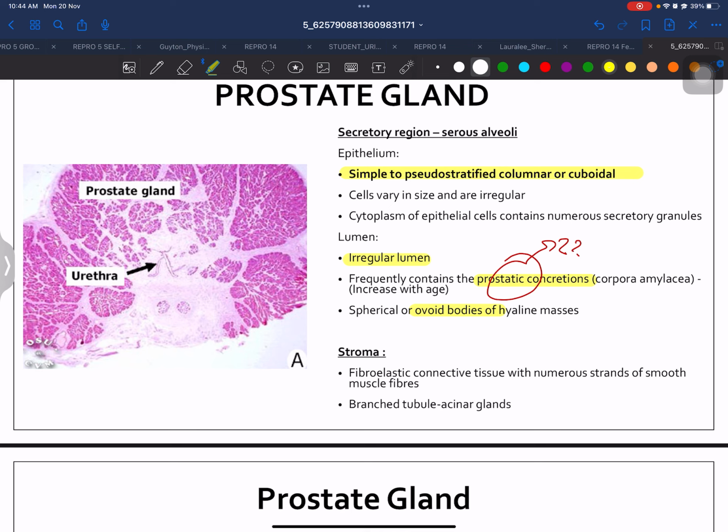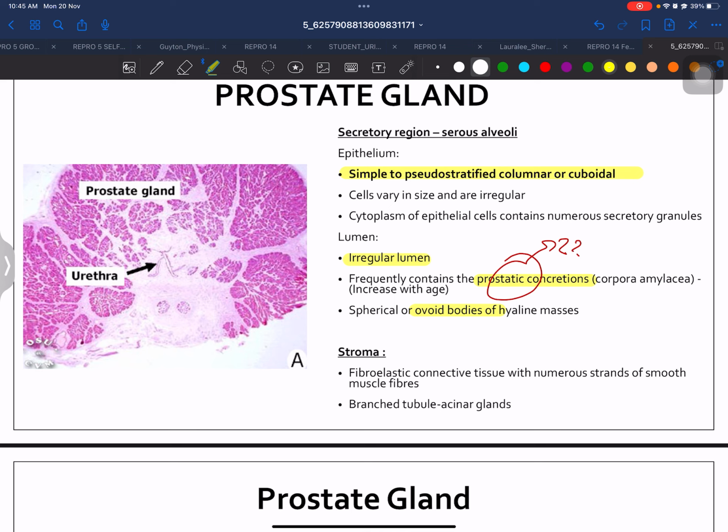So this prostatic concretion has a relation with benign prostatic hyperplasia. So dia akan mengganggu the prostate gland punya functions, which these are the spherical bodies or masses.